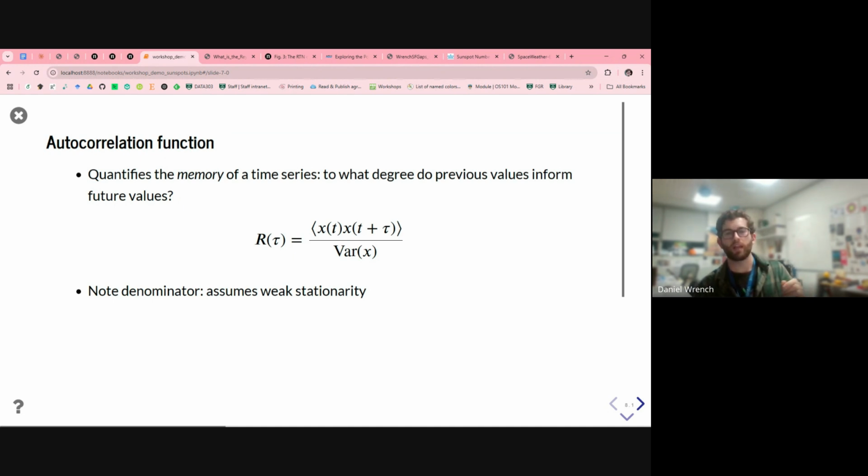It's the idea that if a time series has a short memory, then the autocorrelation drops off very quickly, and before long, previous values don't inform future values at all. Or you might have a long memory time series, or a persistent time series, where your time series moves very slowly and therefore the previous value almost entirely informs the future value. Okay.